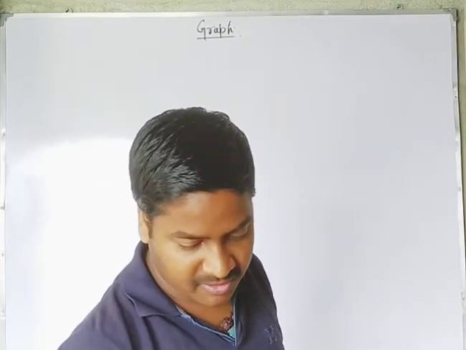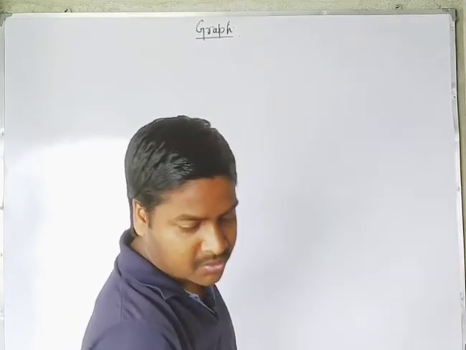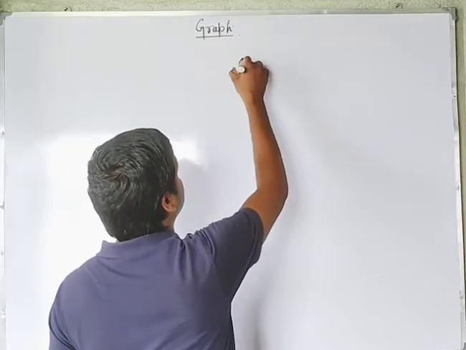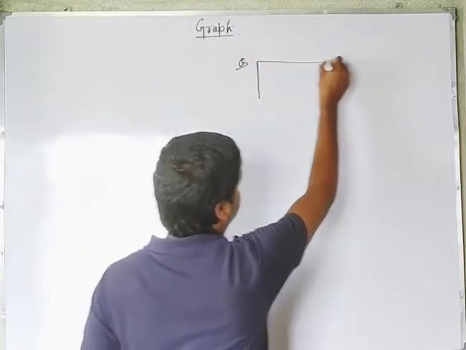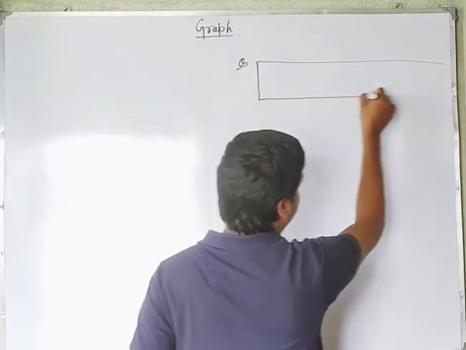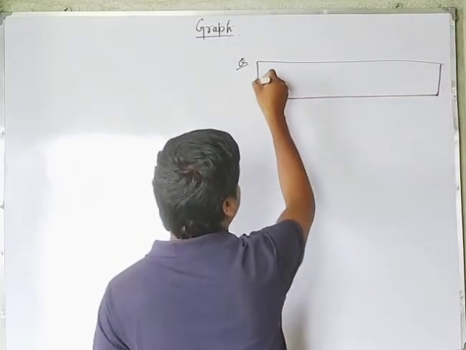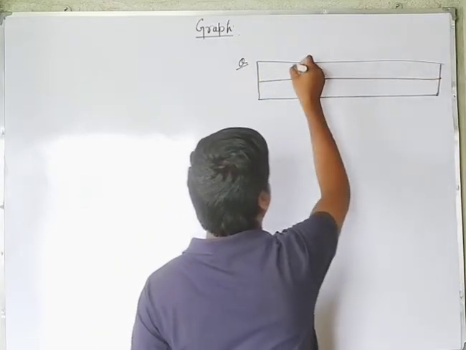Here I have one question. In one table it is given that there are some games and the number of students playing those games.